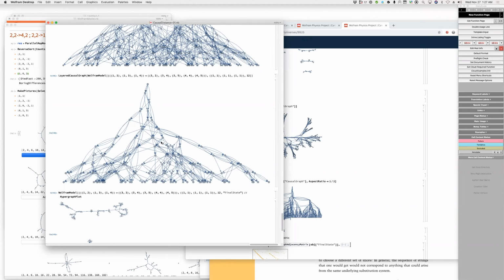Sure. Okay, so this is about what it means if you find a simple rule for the universe and it's sitting right there.